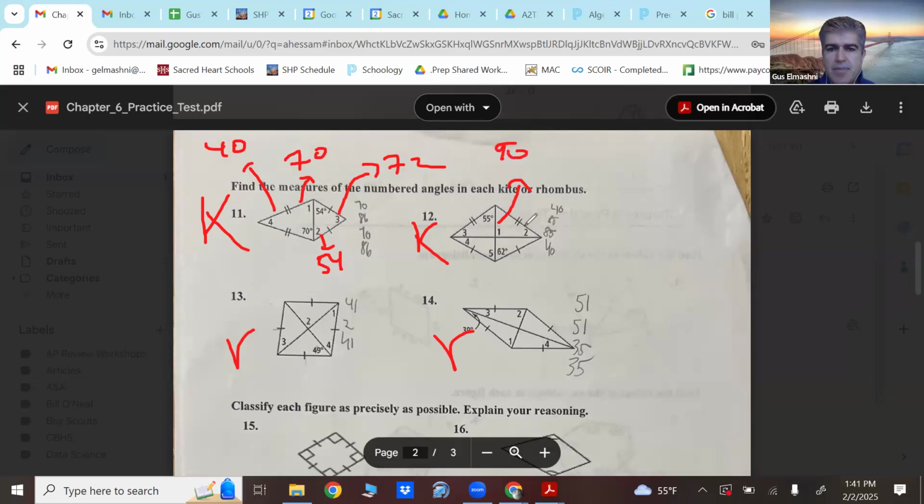That's 90. And if that's 55, then that's 55. Angle 2 is 35.